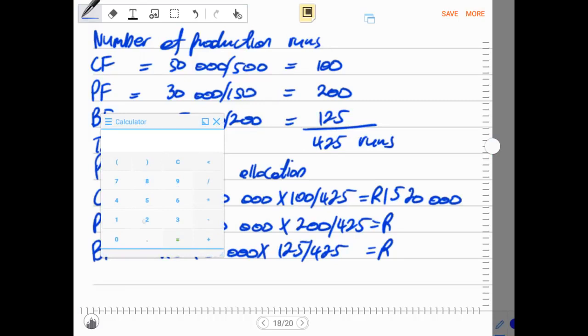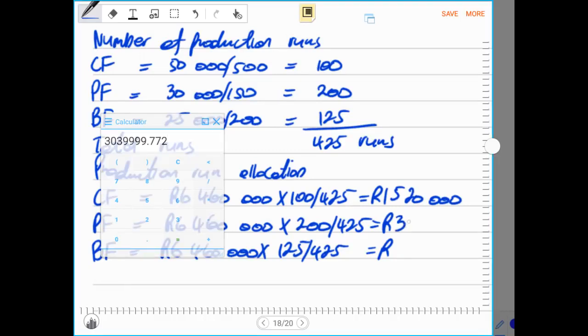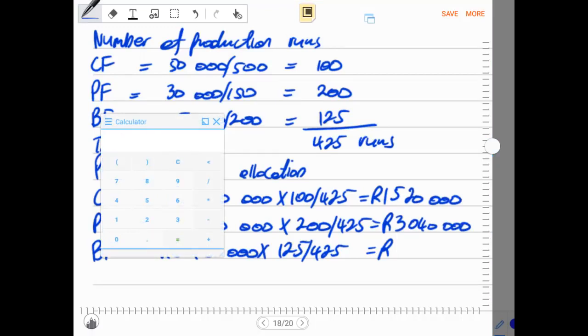Then after we have 200 divided by 425 times 6,460,000, which is 3,040,000.